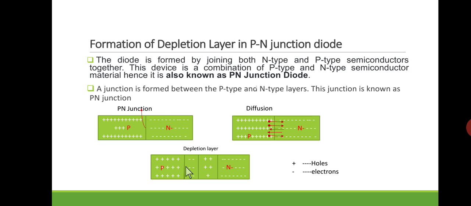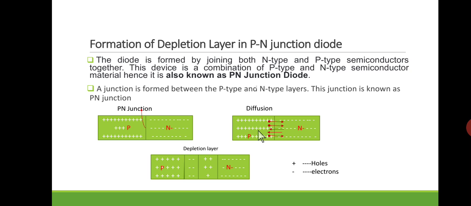Okay, so how is the depletion layer formed? Actually holes diffuse from p to n region and electrons from n to p region, as shown here. As I showed in this one, holes diffuse from p to n region and electrons diffuse from n to p region.